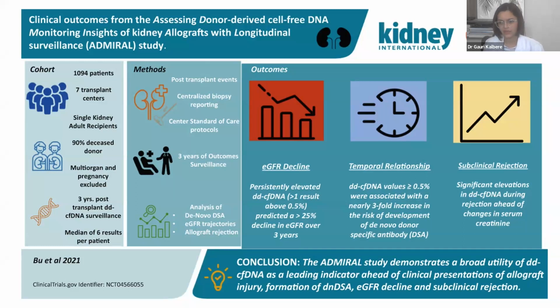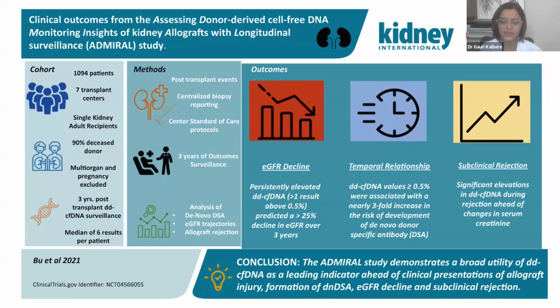That is quite significant. And also the area under curve for this study was around 0.80. That was also significant. So it broadened the utility of donor-derived cell-free DNA, not just restricting it to rejection, but also as a potent marker for GFR decline and graft deterioration in the form of de novo DSA formation.